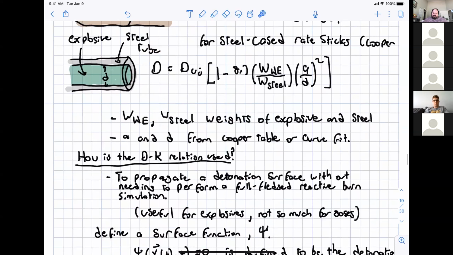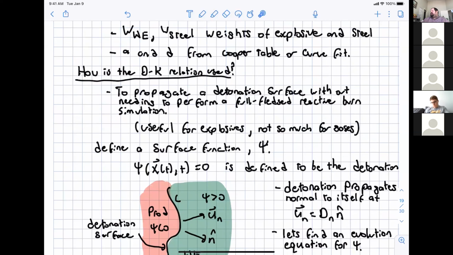Okay, so now we determine these D-kappa relations, and how are they actually used? Either if you determine them empirically, or from detonation shock dynamics, they are useful for more than just determining the critical diameter. You can actually use them to propagate the detonation surface without needing to perform a full-fledged reactive burn simulation.